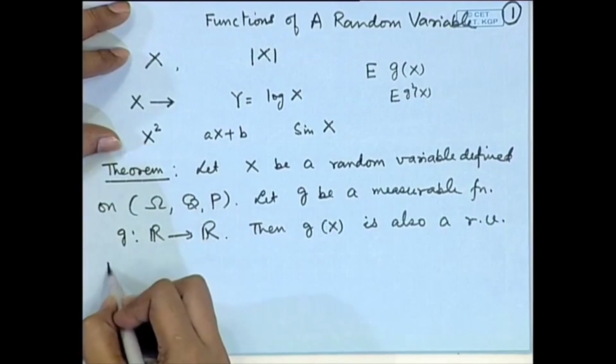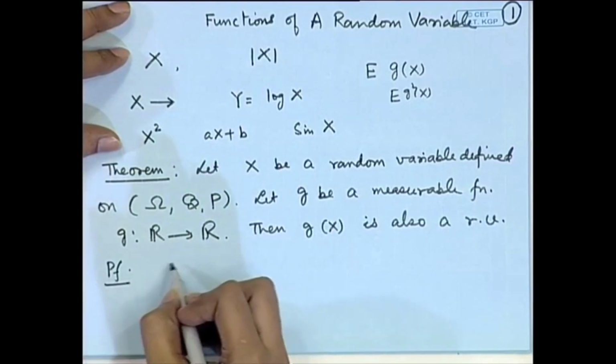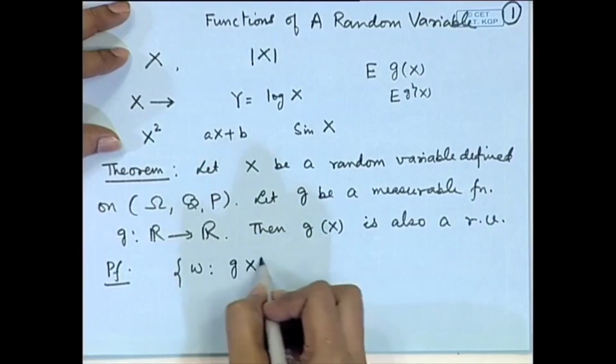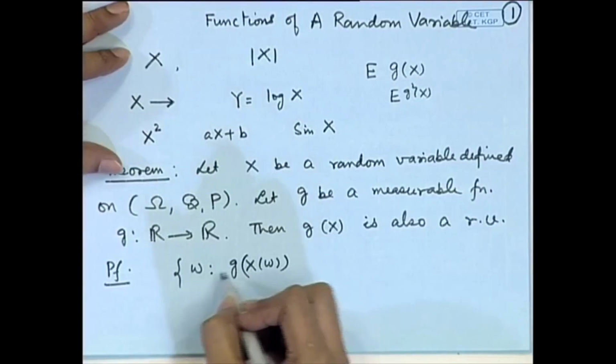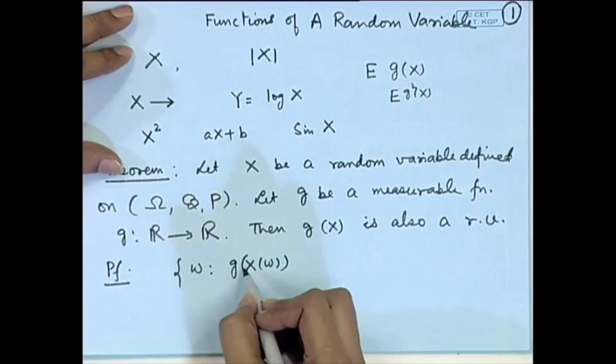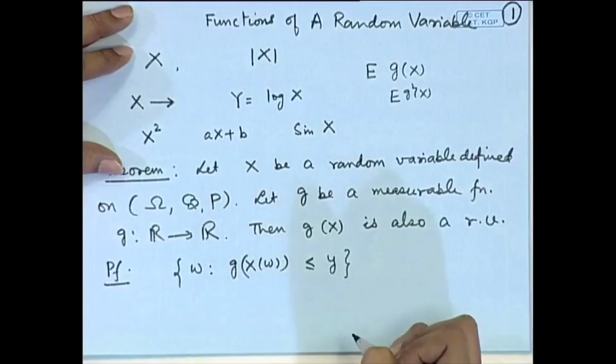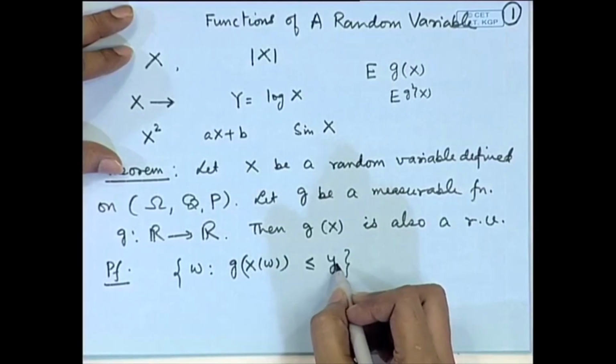So, to look at the proof of this, we must prove that the set of all those points such that g(X(omega)) is less than or equal to say y is a measurable set for every real y.